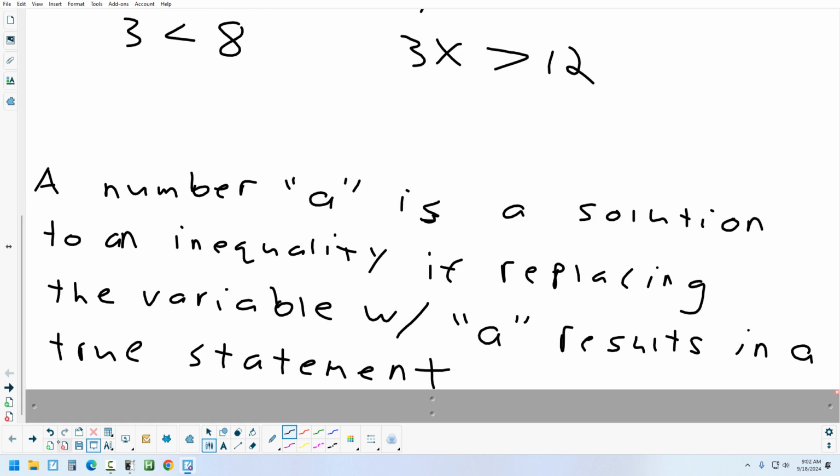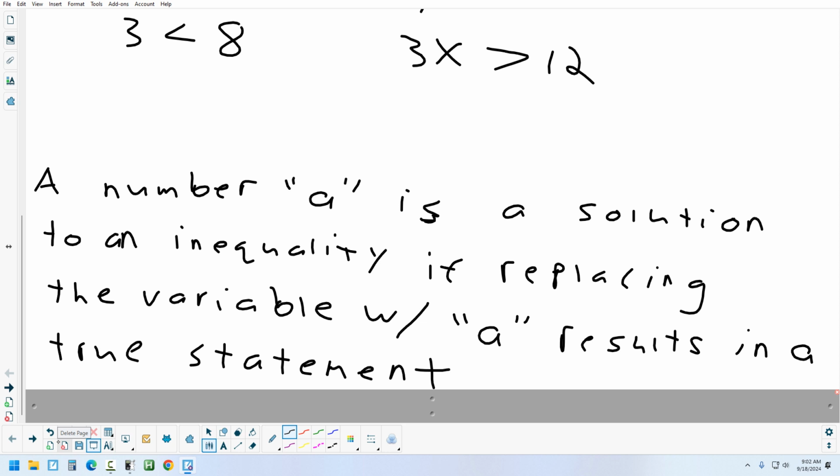When we want to check if a number is a solution to an inequality, it's pretty much the same way you check if it's an equation. You take the number, you plug it in, and if you get a true statement, then it's a solution. Looking at 3x is greater than 12, is 6 a solution? Yes, because if you plug it in, you get 18 is greater than 12.